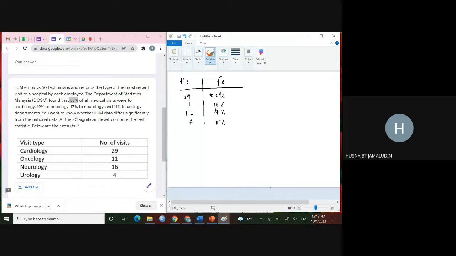This is not the expected, because you cannot compare the number with the percentage. So what you can do is take all these numbers and multiply with n, which is 60, so that you will get the value for each of them for the expected. Got it?